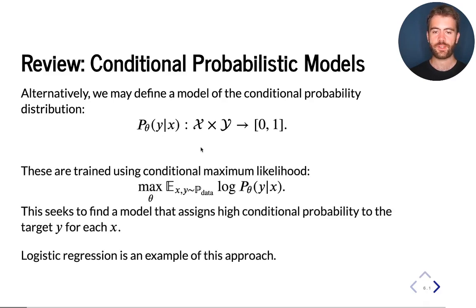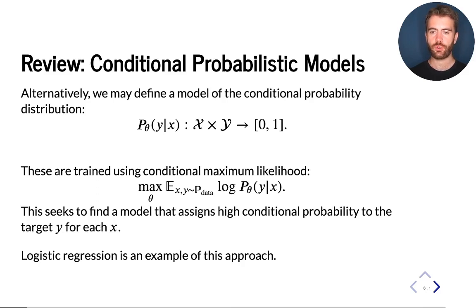And these kinds of models can also be fit using maximum likelihood, except that the derivation is slightly different, but still the objective looks really similar. Here we are trying to find a model that assigns high conditional probability to the targets given each x, where the targets and the x's are coming from our data distribution.